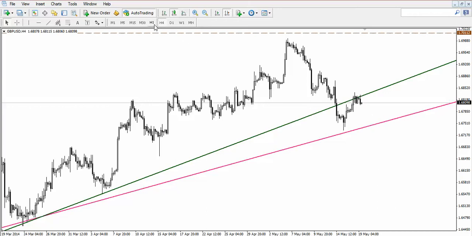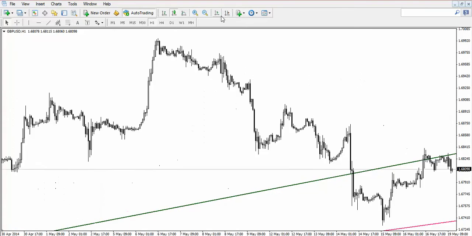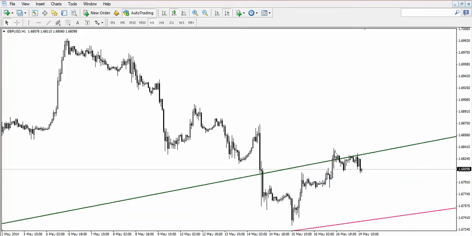And actually, if we go down to the 1-hour chart, you will see that not only did we have a retest of the daily trend line, but there was also a nice 1-hour trend line that went up through here.